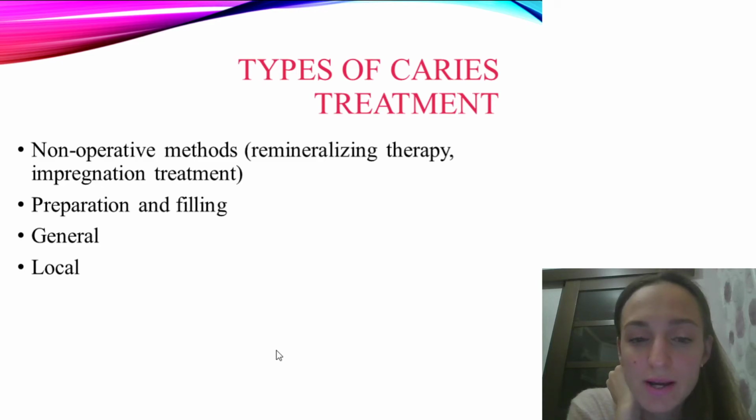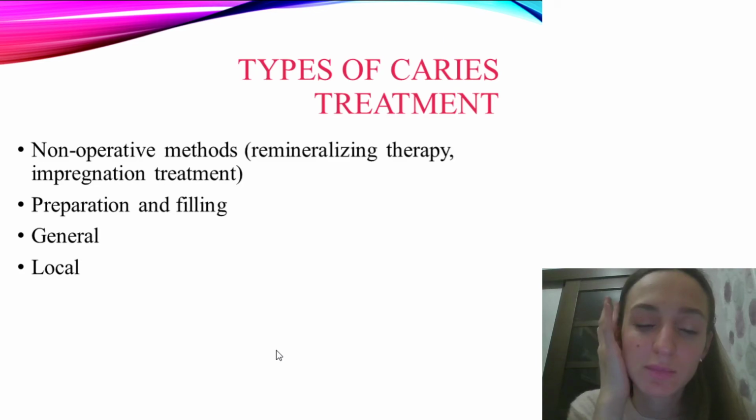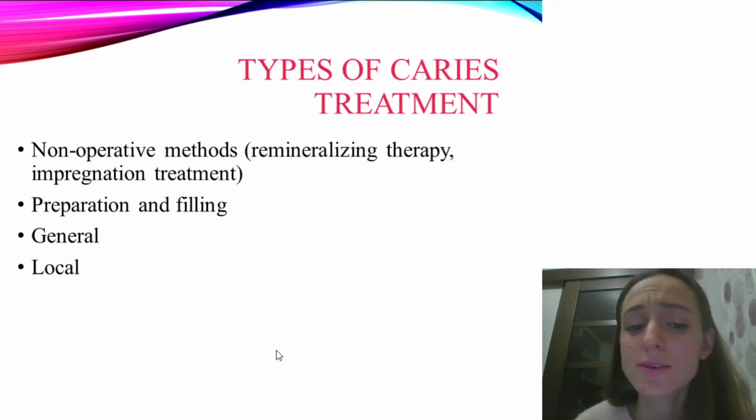Defining the presence of concomitant diseases of intestinal organs and systems is also important. So there are following non-operative methods of caries treatment in deciduous teeth: remineralization therapy and impregnation treatment method or silver impregnation.